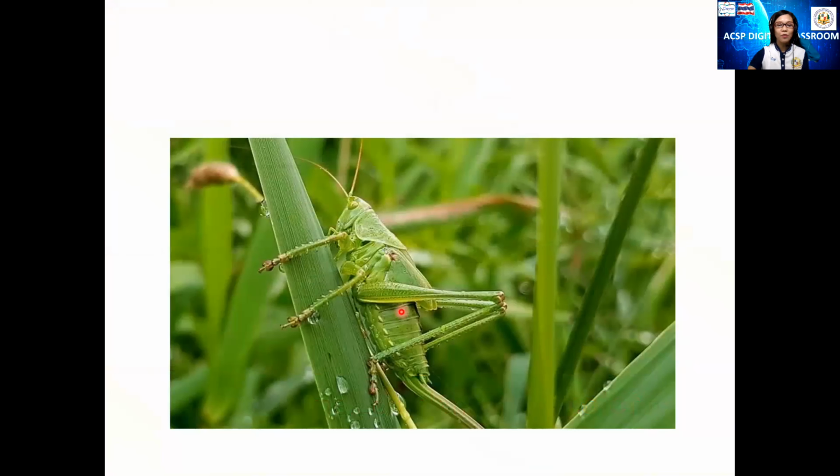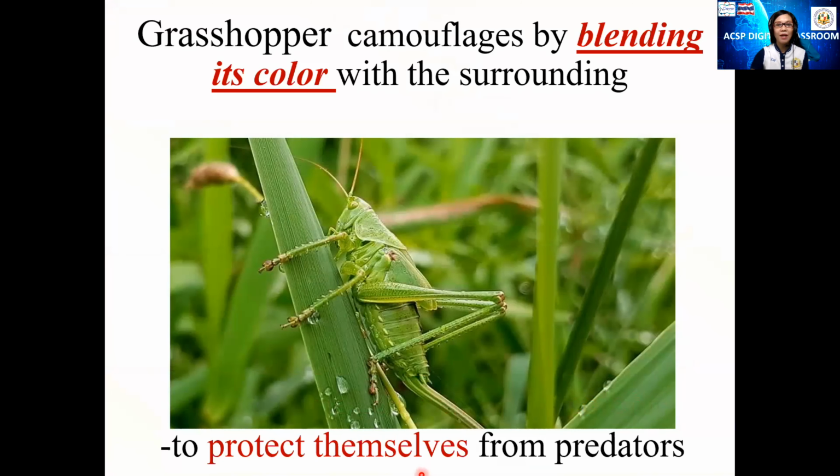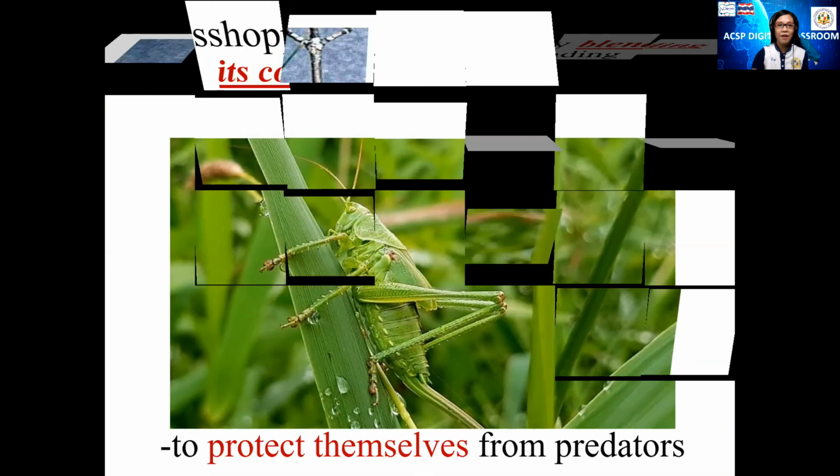Next we have the grasshopper. The grasshopper camouflages by blending its color with the surroundings. Why do they blend the color? So that they can protect themselves from predators. They can hide from predators so they can survive.